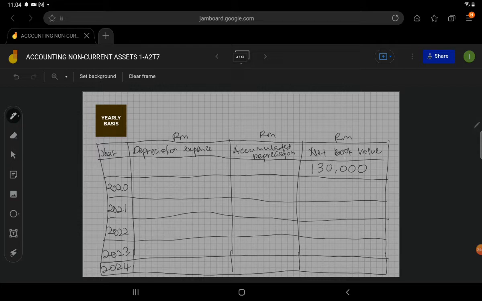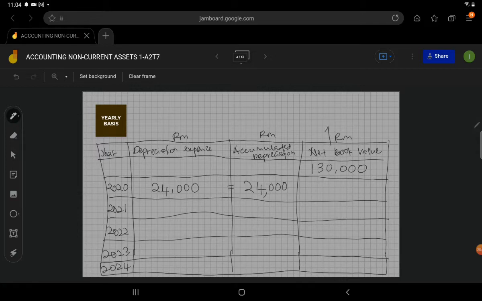Okay. So, 2020. Macam mana kita dapat depreciation expense tadi berapa? 24,000. And then the accumulated depreciation untuk tahun yang pertama adalah sama dengan depreciation expense dia untuk tahun yang pertama sahaja. Okay. And then how to calculate the net book value?